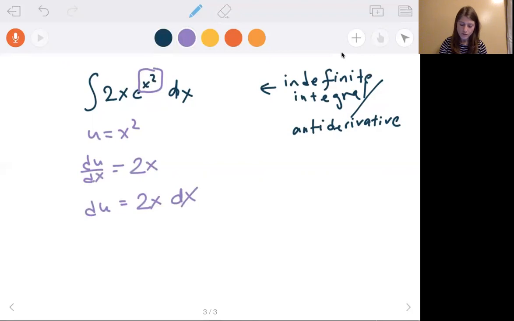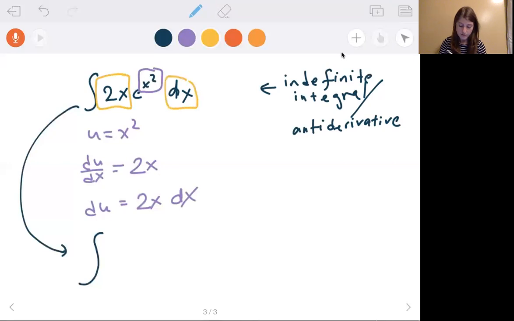So when I transform this, I want you to focus on the pieces that match up. I'm going to box in the 2x dx. All of that is going to be replaced with the du, and e to the x squared is the u.